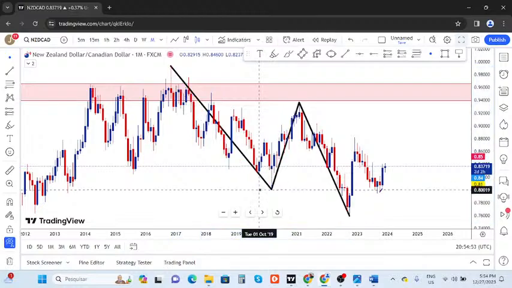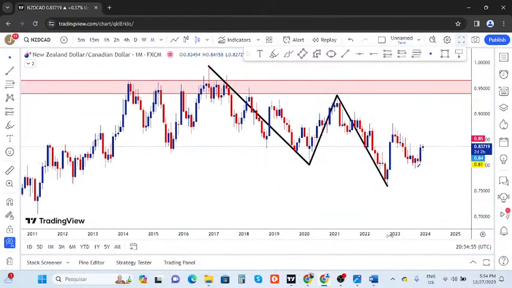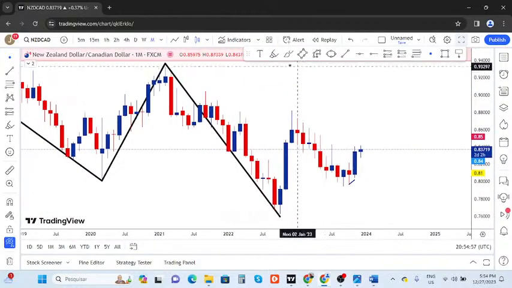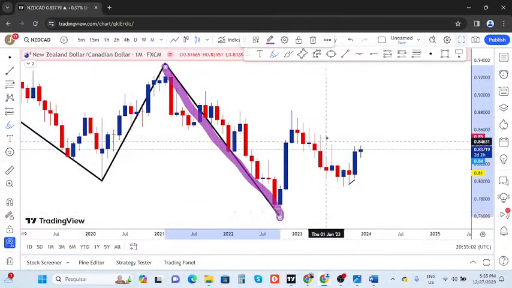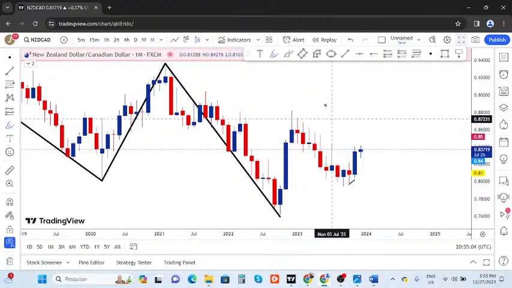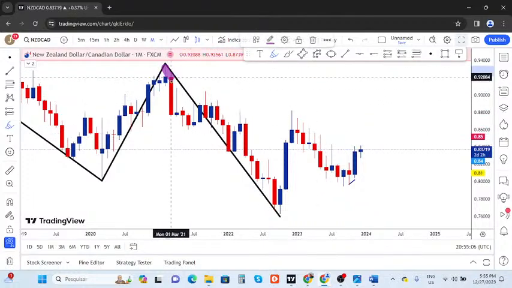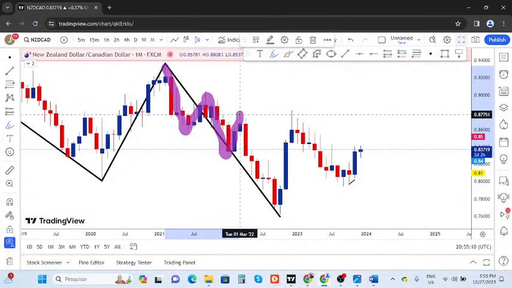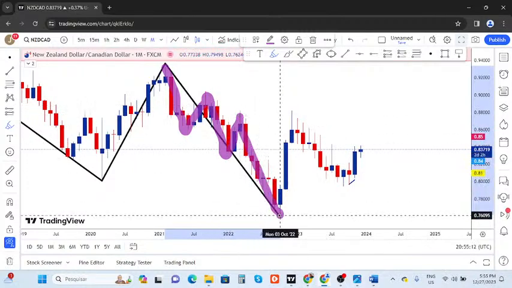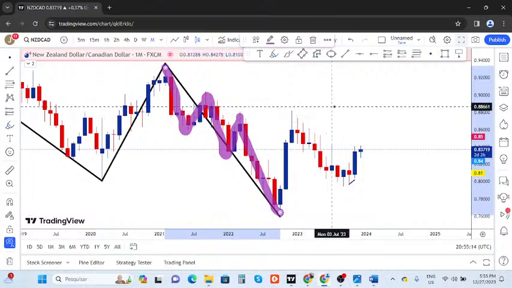That is what we have here right now. Now inside this long extension leg on the monthly time frame, going down like this, what was the market doing back in time? We can clearly see the market was making lower lows, lower highs, lower lows, lower highs, lower lows right here.